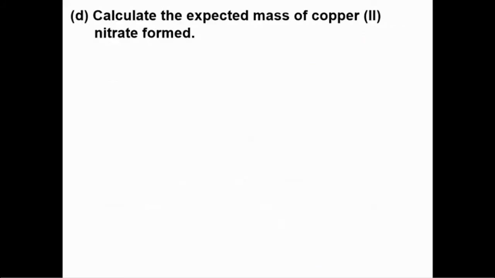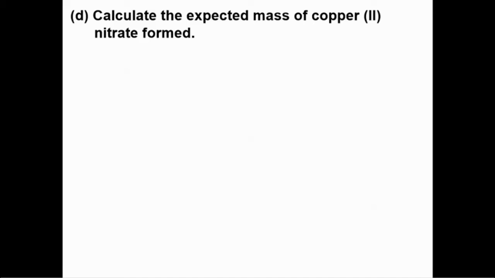Okay, next we want to determine the mass of copper(II) nitrate formed in this reaction. Since copper(II) nitrate is the product here, remember in the definition of limiting reactant, it is the reactant which is completely consumed in a chemical reaction. And remember the second point in the definition of limiting reactant, what is it? Yes, it limits the amount of products formed.